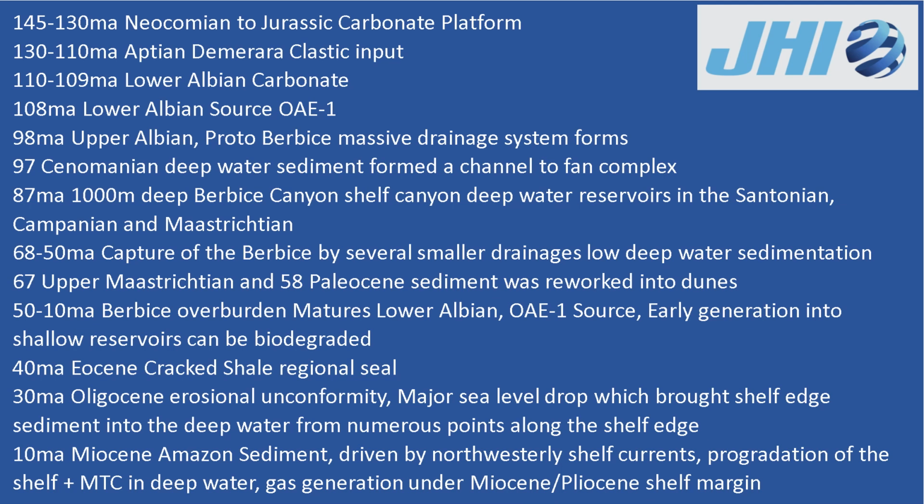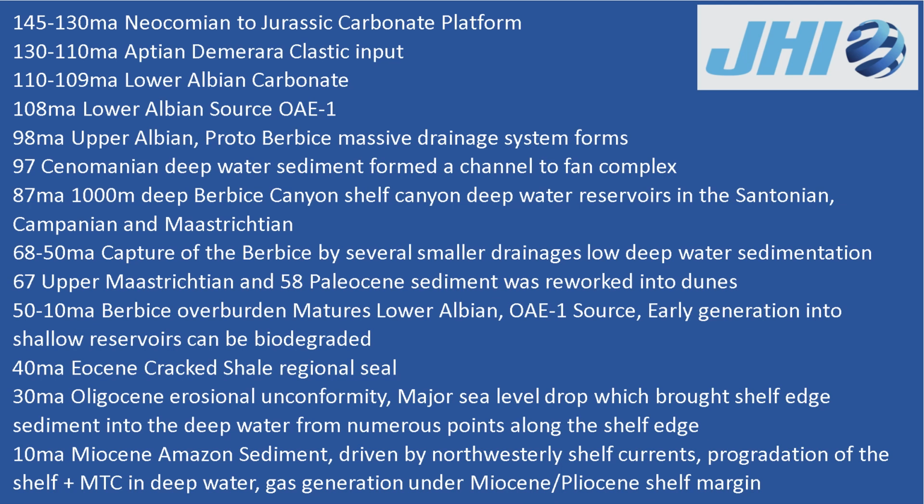This low sedimentation rate allows the overburden from the Berbice system to mature the OAE1 lower Albian source rocks for a very long time, although if the migration is occurring into shallow reservoirs, it could be biodegraded. On top of that, there's the Miocene shale that is a regional seal. Above that, there's a significant erosional unconformity at 30 million years in the Oligocene.